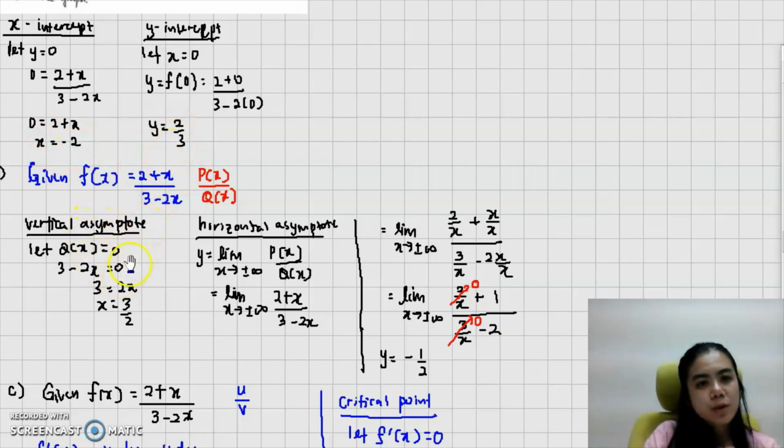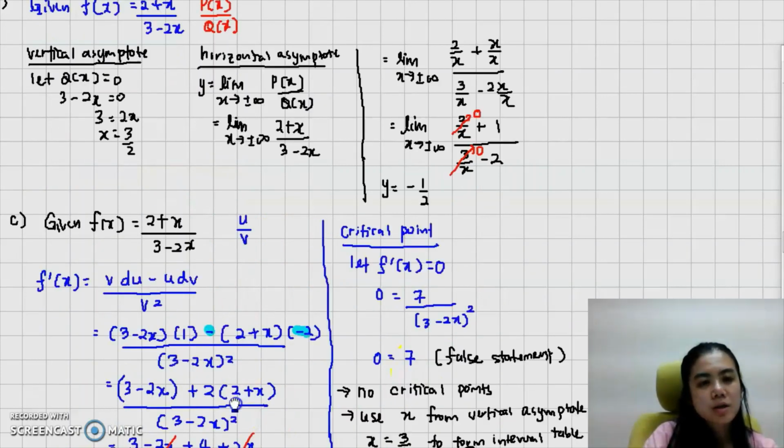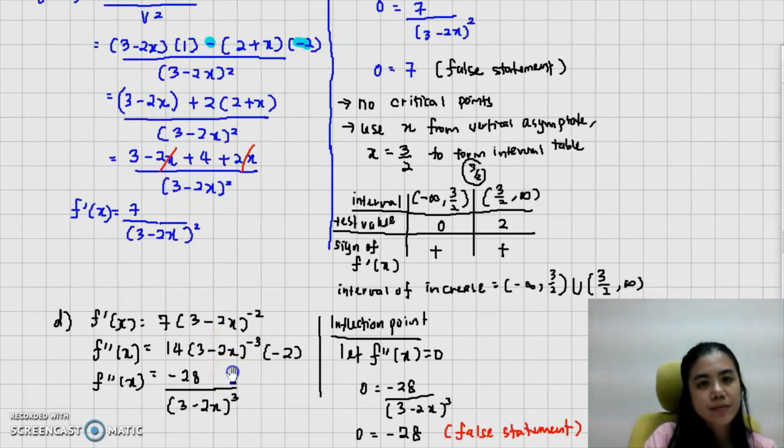We need the vertical asymptote, that is x equal to 3/2, and the horizontal asymptote, that is y equal to -1/2. Let me jot that down at the bottom.